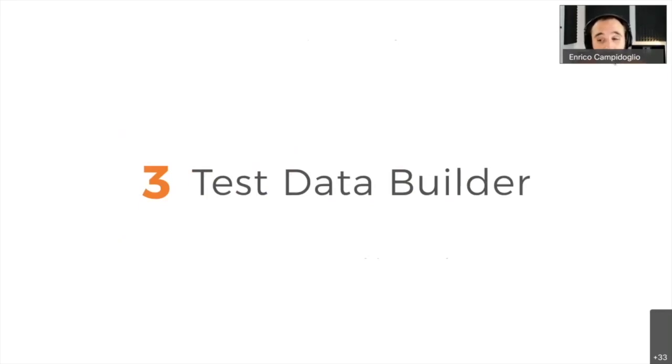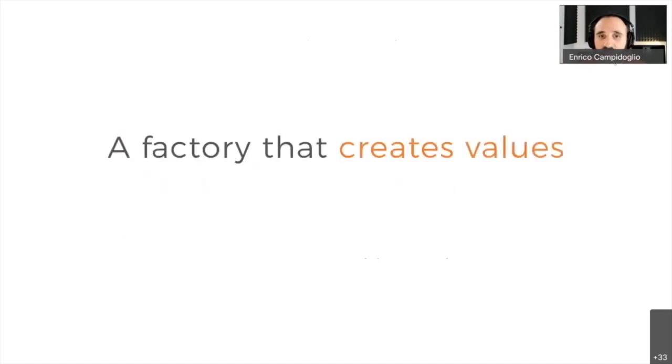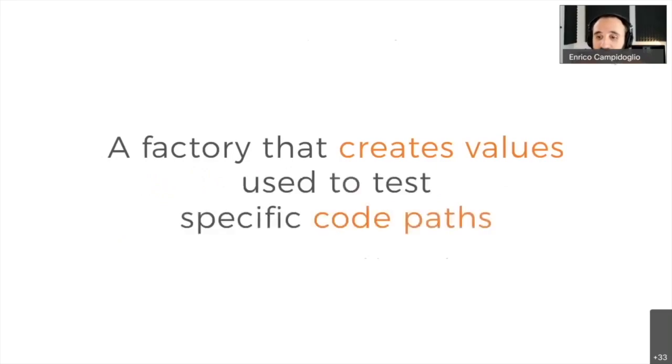So if we can leave them anonymous, it means that we can actually delegate the responsibility of coming up with those values to an external party. And that external party is the test data builder. So a test data builder is a factory, we all love factories, that creates values used to test a specific code path.